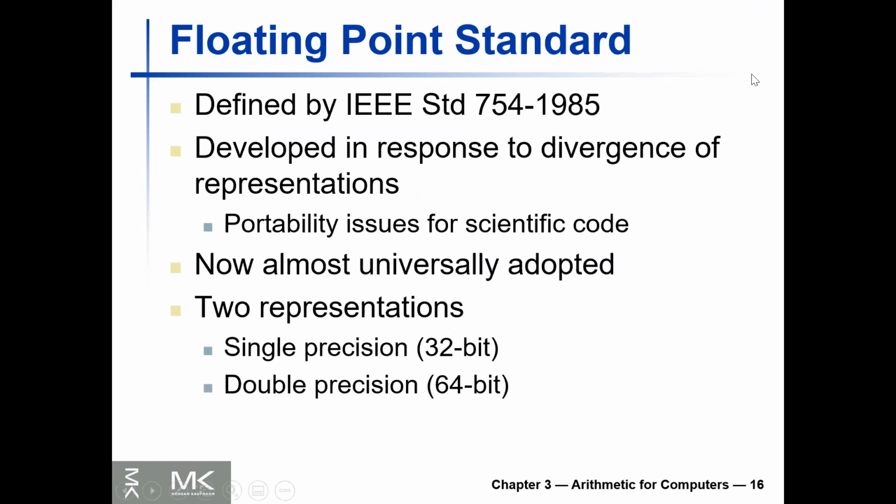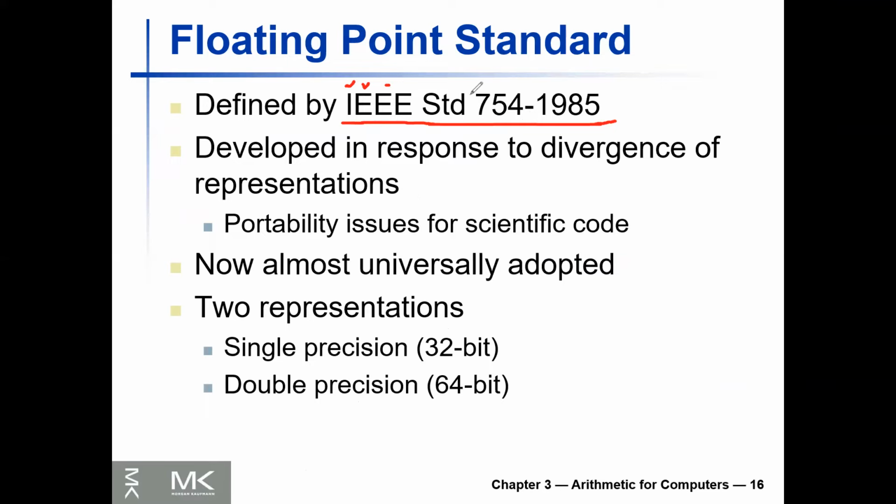Now the next thing is the floating point standard which our computer system follows. It is the IEEE standard 754, which was introduced in 1985. IEEE is the Institute of Electrical and Electronics Engineers.